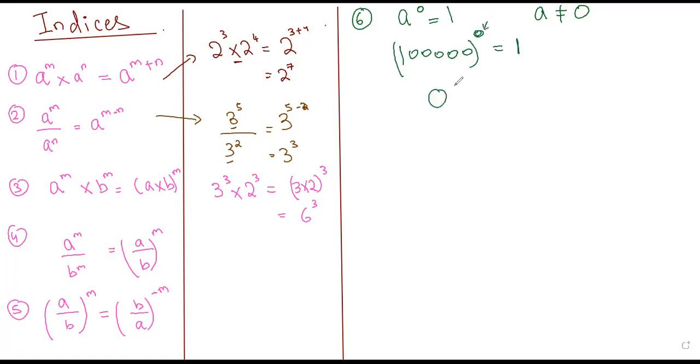And if you have 0 to the power 0, that would be 0 because this rule does not hold for a equals 0, right? Okay, let's talk about the next rule. It is 1 to the power x equals 1. Now, if you have 1 and you have, let's say, 100 in the power, the answer would be 1, right?